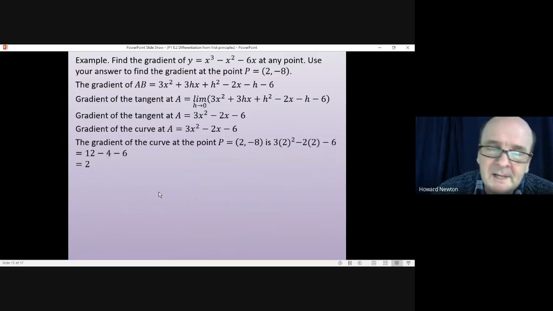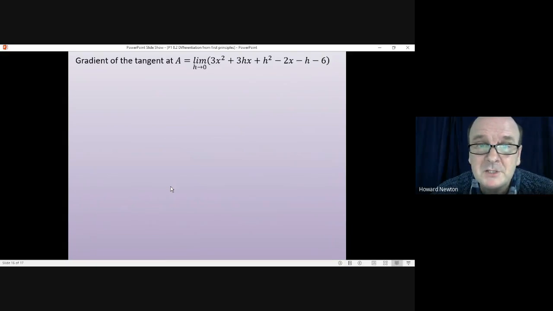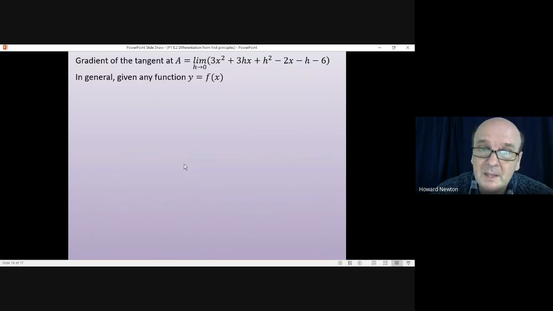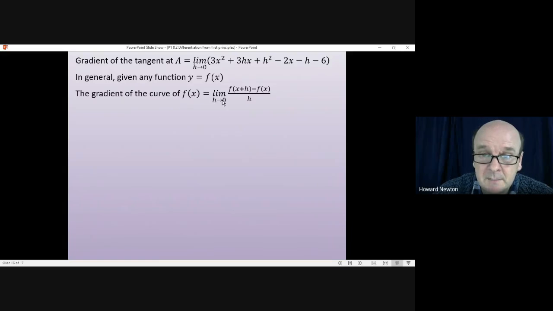Now, a little bit on the language that you're likely to meet. As we said, the gradient of the tangent is written down in these terms. Very formal mathematical language, and the way you'd read it is the limit as h tends to 0 of 3x squared plus 3hx plus h squared minus 2x minus h minus 6. In general, if we have any function, y is f of x, then the gradient of the curve is equal to this limit.